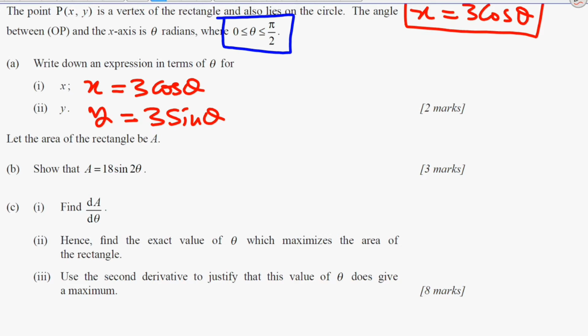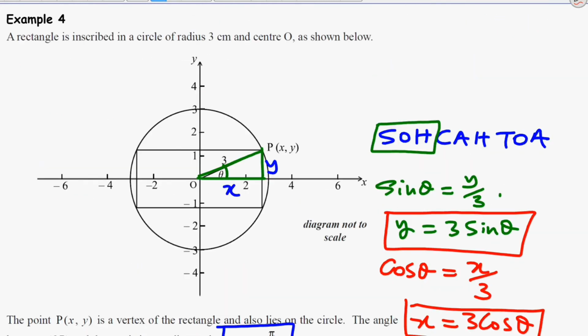Okay, and then show that the area is given by that. Now, if we go back to the diagram, we can see that the length of this rectangle is actually 2x.